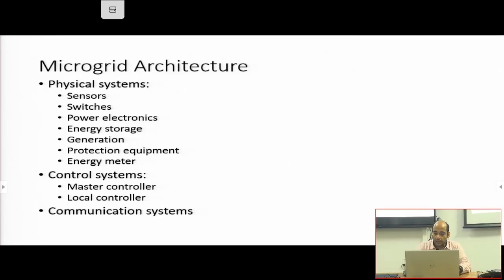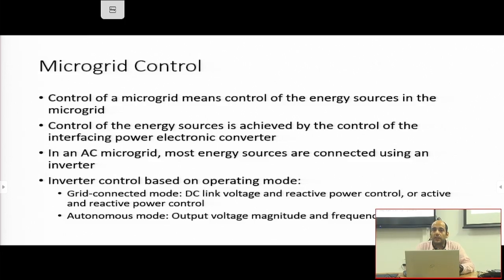Alright. So the whole point is this microgrid will have its own devices, its control system, and communication system. And now when you talk about the control system of a microgrid, this is the focus of this lecture today.